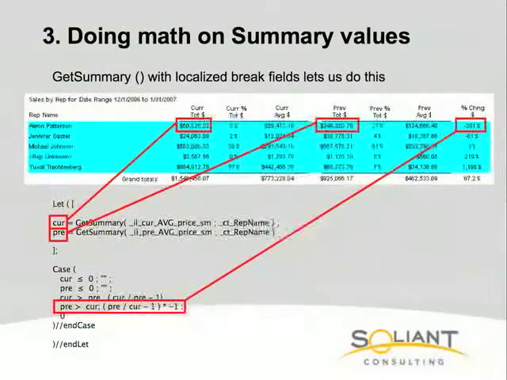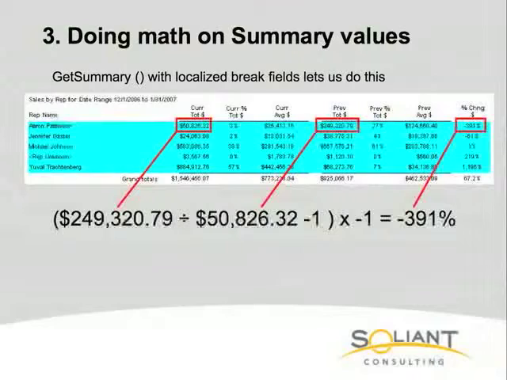And you can do slightly more interesting logic, for example, to prevent the divide by zero error, and to do negative or positive depending on which value is higher. There's all kinds of neat things you can do.